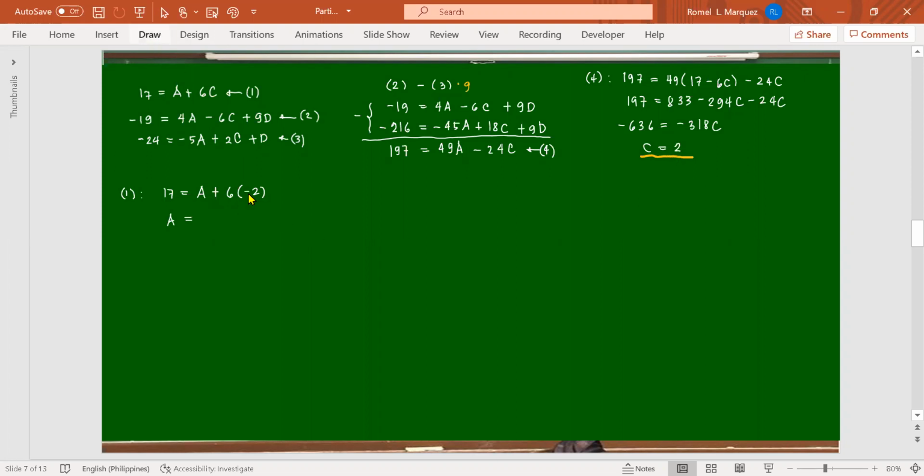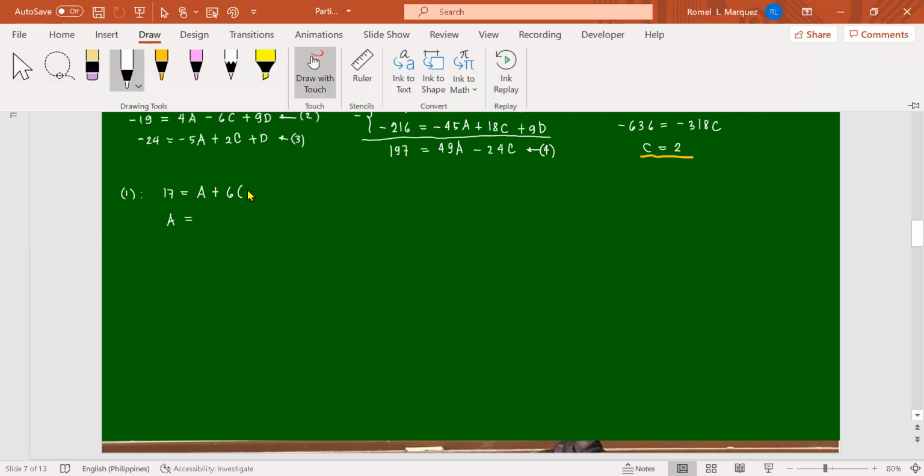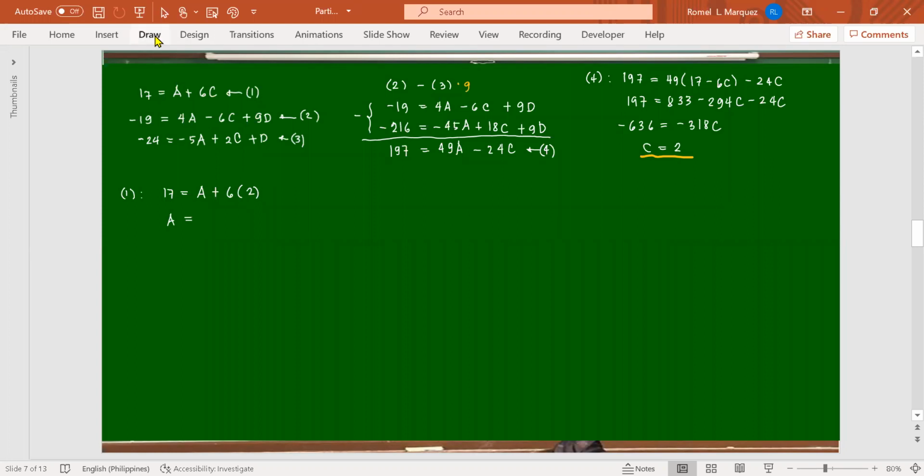See? It's not easy to solve, no? So we now get 17 minus 12, 5. So A is 5. As a check, 197 plus 24 times 2 divided by 49, that is also 5. Okay, this is now correct.